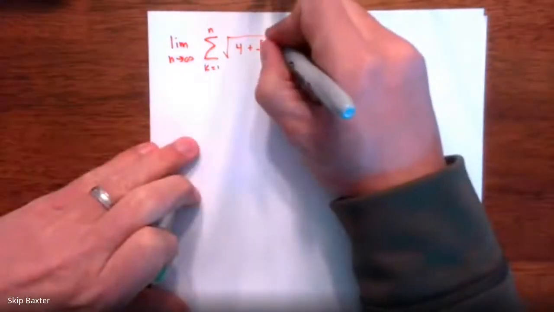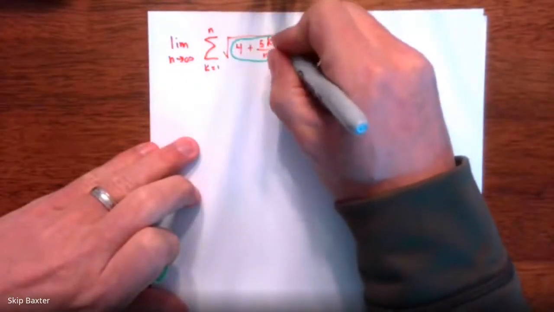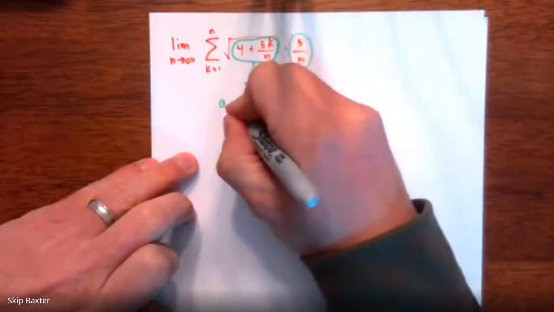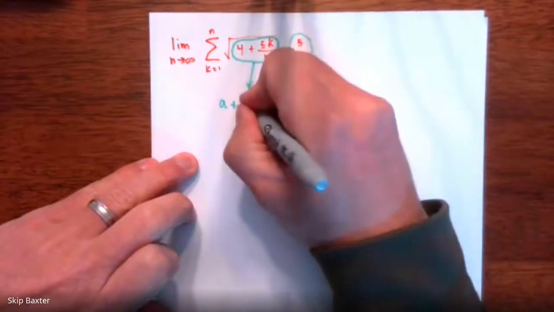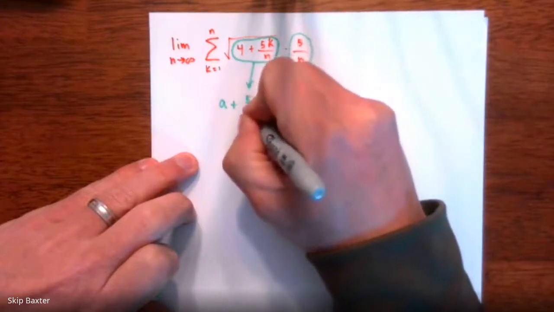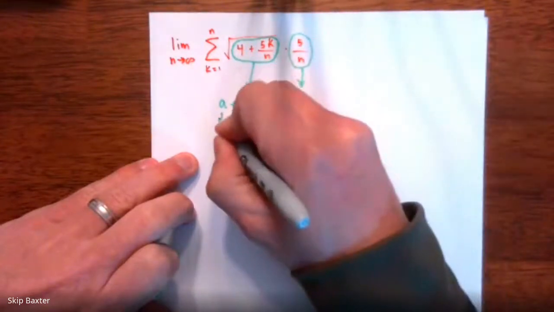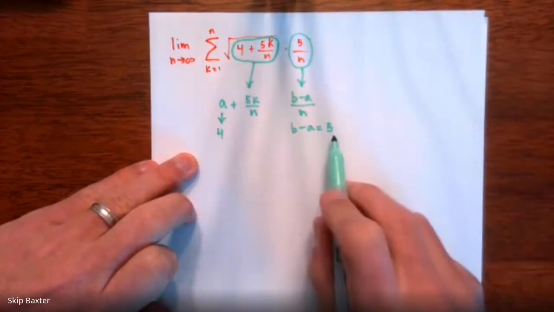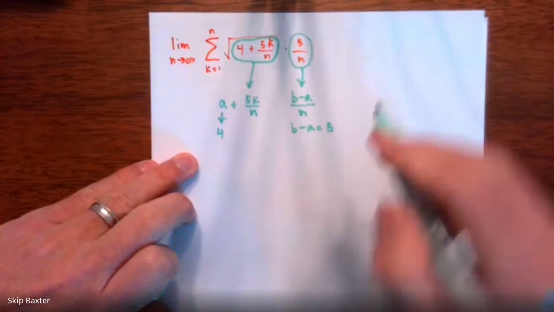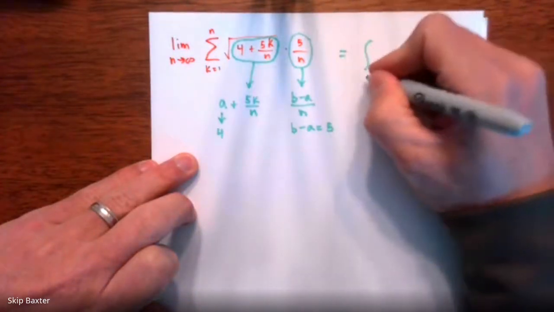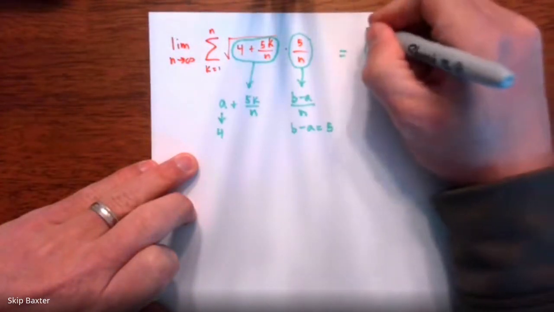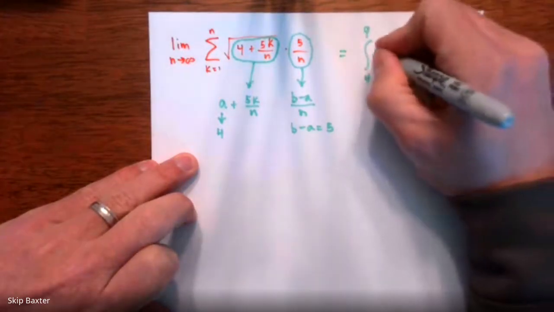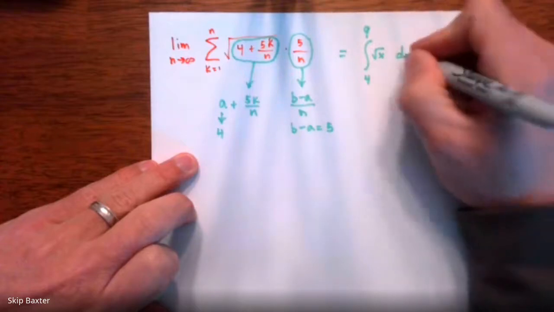The stuff in here is really a plus 5k over n. So the a has to be 4 in this case. If a is 4 but the width of the interval is 5, the lower limit of integration is 4, but the upper limit has to be 9 because it has to be 5 units. And in this case, it's just radical x dx. Done.